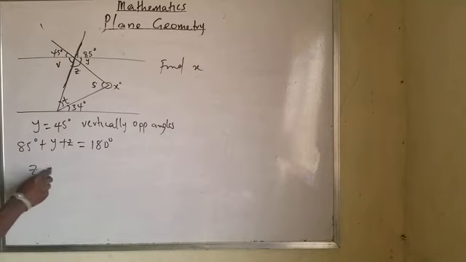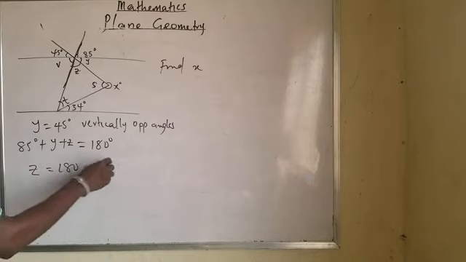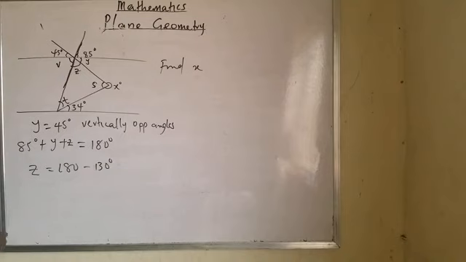It means my z will be 180 minus 85 plus 45. It will be 130 degrees. Now, since I have that as 130, it means my z will be equal to 50 degrees.